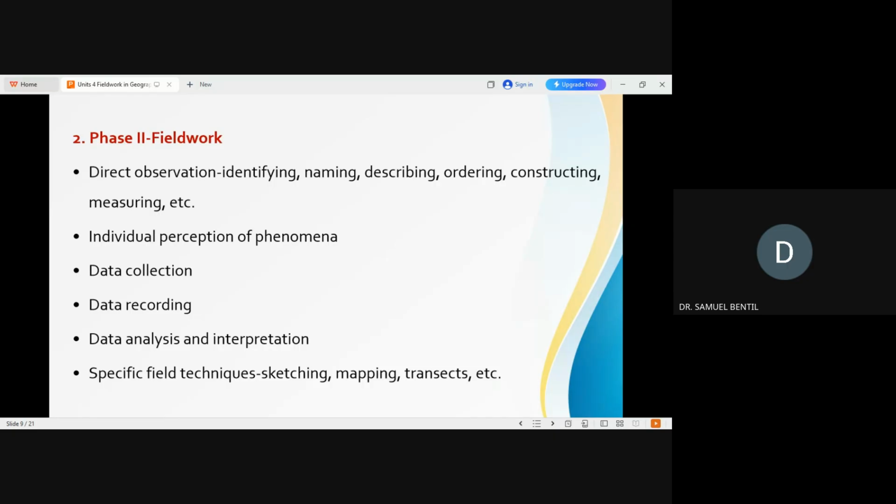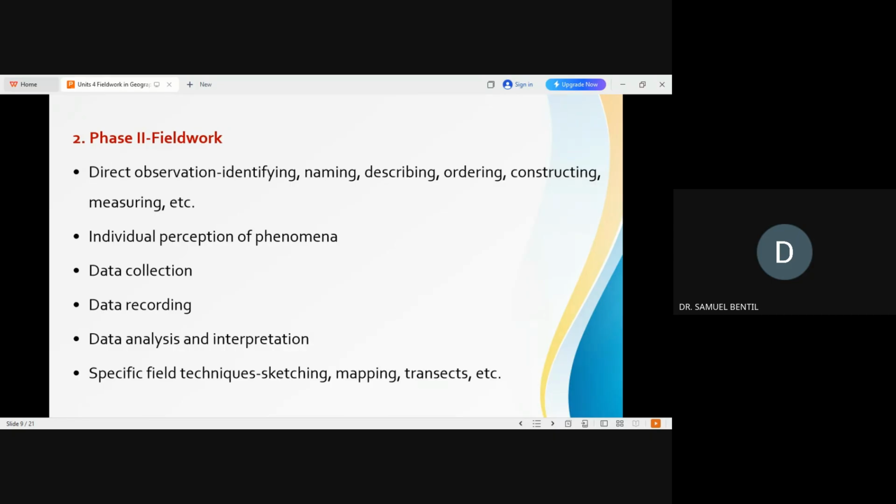There's also individual perception of the phenomenon, because we all attest to the fact that everybody has an individual way of perceiving things. So individuals may bring their perspectives of how they perceive what is happening. Then we have data collection, data recording, which all take place on the field.